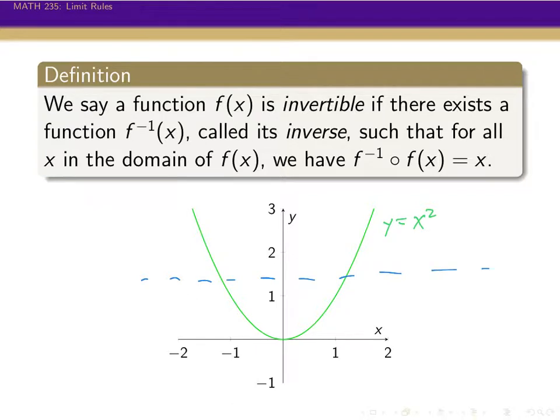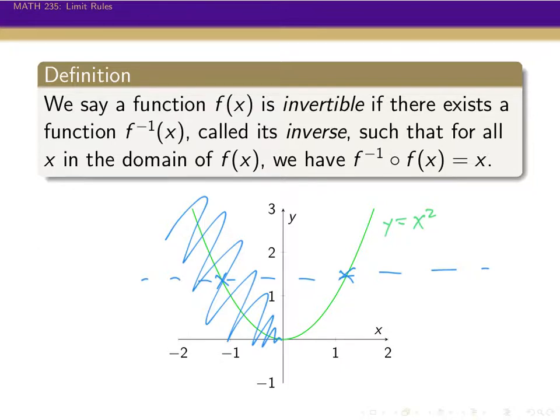And for y equals x squared, this isn't going to work, because if I take some y value bigger than 0, it's going to cross the parabola twice, right? And so this is not a function swapping the x's and the y's. And so what do we need to do? Well, we're going to need to get rid of half of this parabola, and that's going to get rid of the other side of values that we're crossing through.